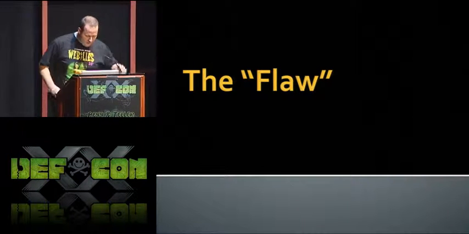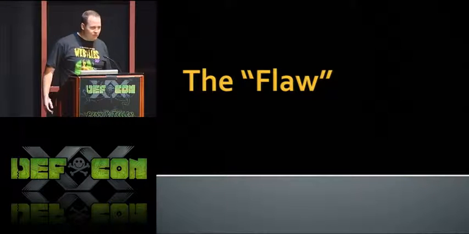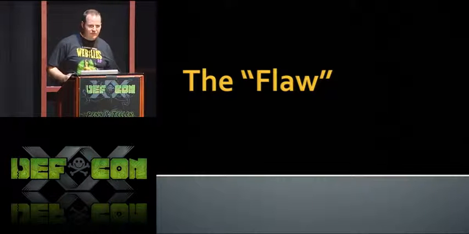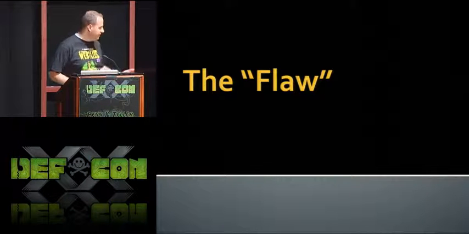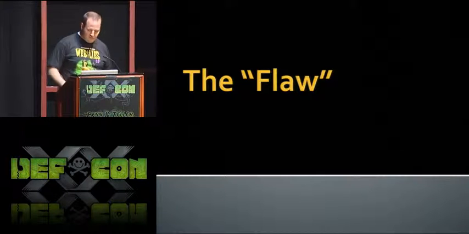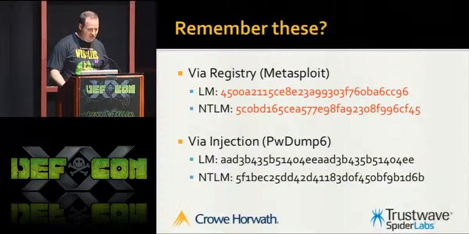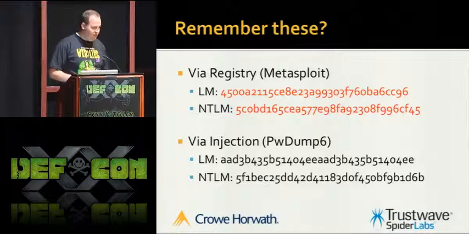So the flaw is really what Ryan experienced when he was doing his penetration testing. He pulled hashes via one tool and got one hash, pulled via a different tool and got a different set of hashes. Let's take a look at that again. If you remember this from earlier in Ryan's slides, we want to figure out why we're getting bad LM and NTLM hashes with Metasploit in this particular example.